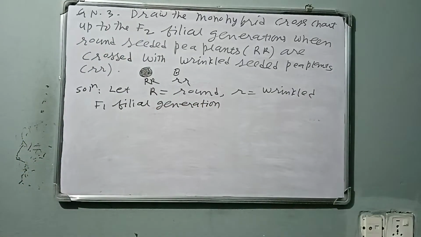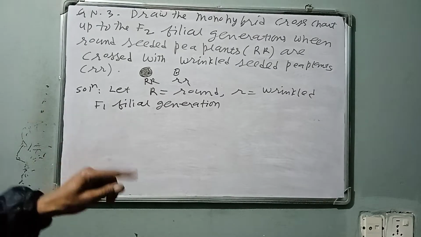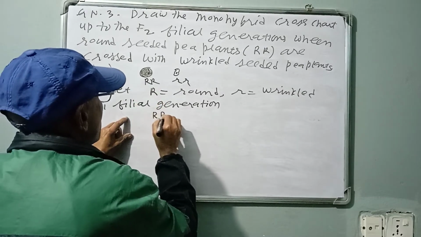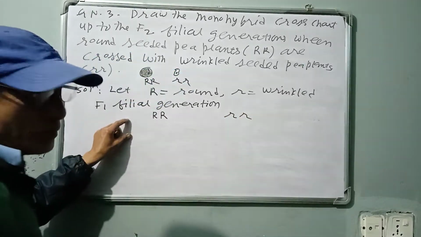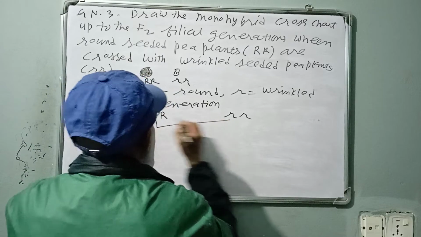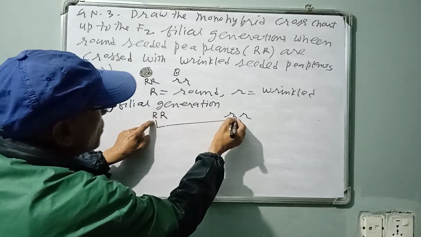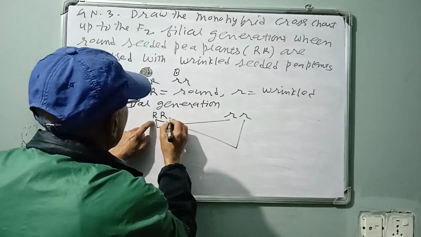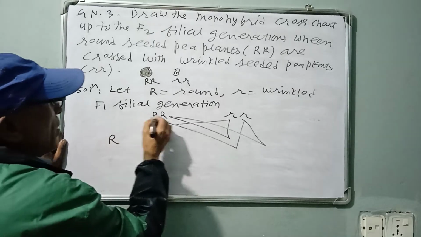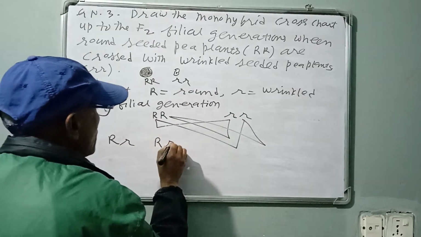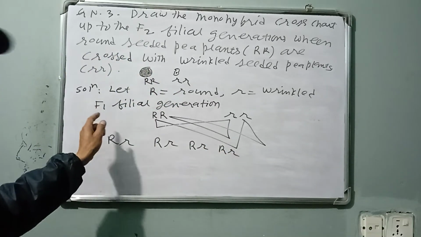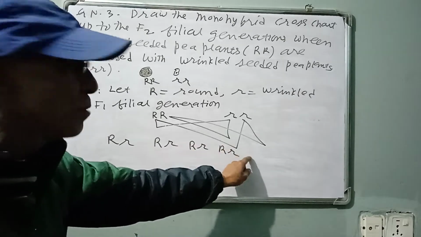You will know the difference between F1 filial generation and F2 filial generation by seeing. In F1, capital R round is crossed with small r, and each gives capital small, capital small, capital small, capital small.